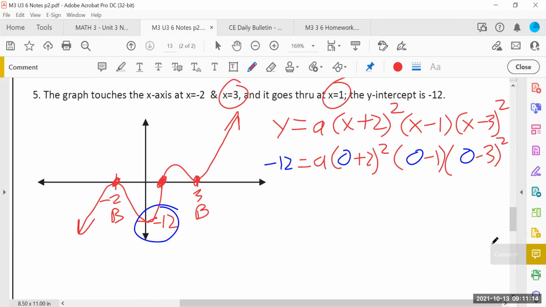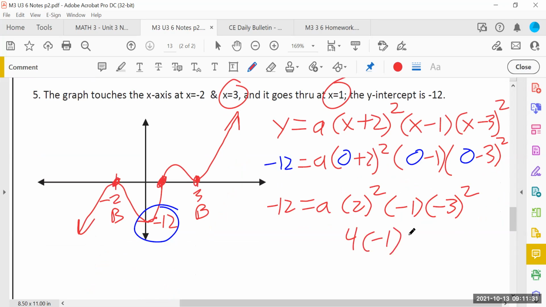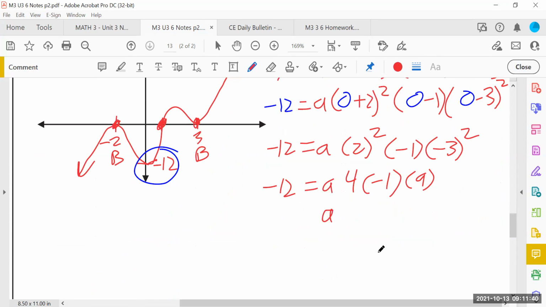So let's clean that up. -12 equals A times 2 squared times -1 times -3 squared. 2 times 2 is 4 times -1. -3 times -3 is going to be 9. So I end up with -12 equals A times -36. Divide both sides by -36.